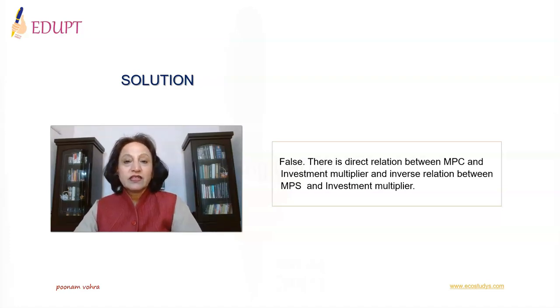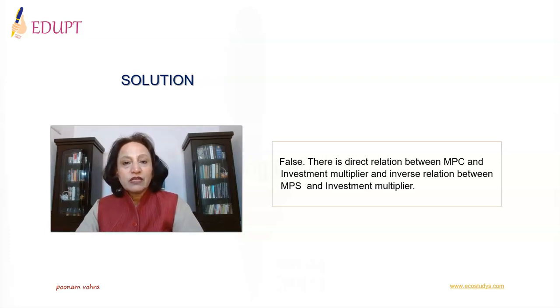There exists direct relationship between marginal propensity to consume and investment multiplier, whereas inverse relationship exists between marginal propensity to save and investment multiplier. It is obvious. Higher is the consumption, more will be spent, more will be invested.